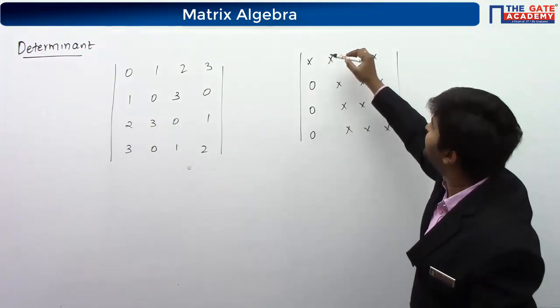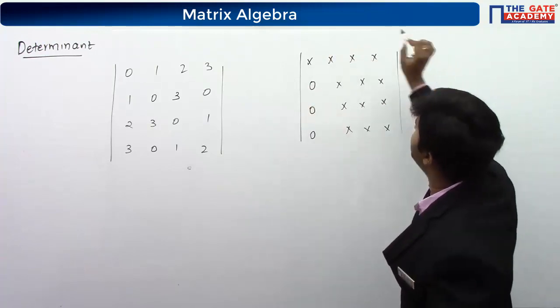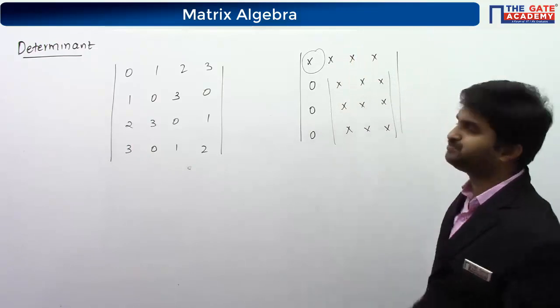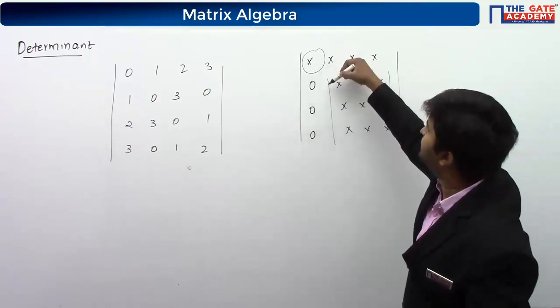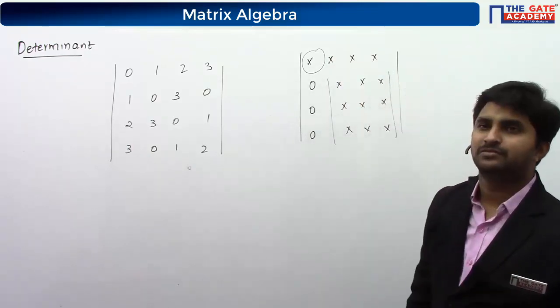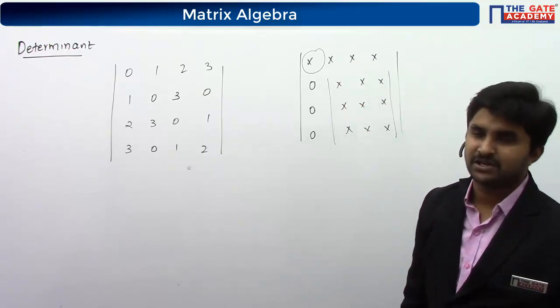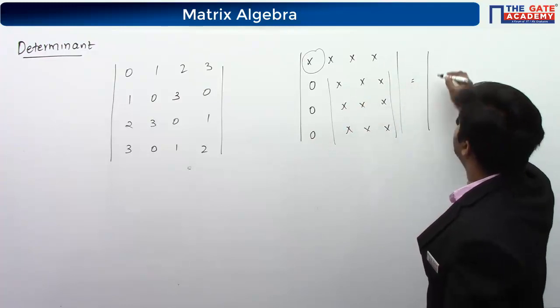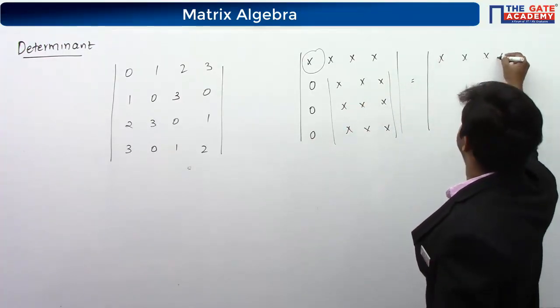Then what happens is that the determinant is going to be this element multiplied by the determinant of the 3 by 3 matrix. Or you can simplify it further, something like this.